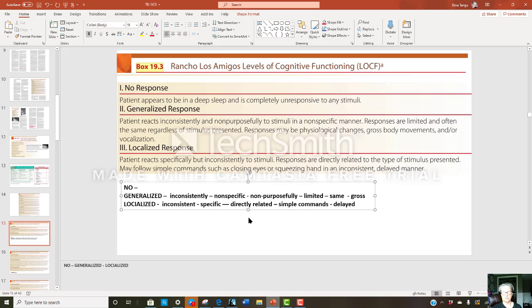Okay, so directly related, and up here the responses are not related. They're the same regardless of the stimulus presented. May follow simple commands such as closing eyes or squeezing hand in an inconsistent, delayed manner. So, inconsistent and delayed.